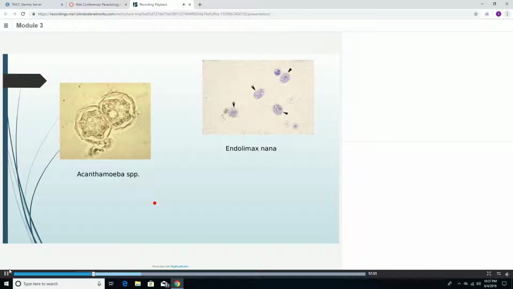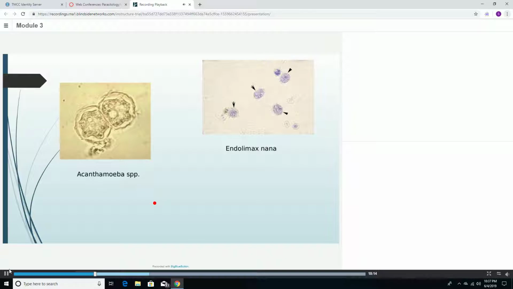So Acanthamoeba species, that's another organism that can cause an infection. It's not non-pathogenic, so it causes granulomatous amoebic encephalitis. I want you guys to review your book. This organism is discussed on page 75. There are at least 6 different species of Acanthamoeba.